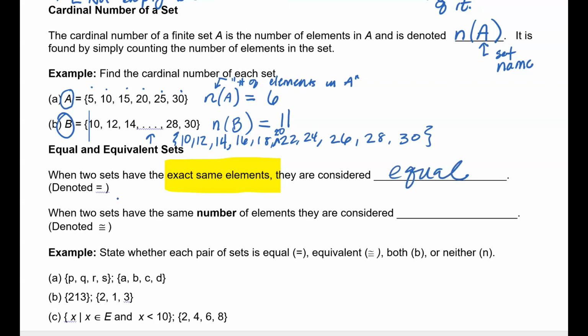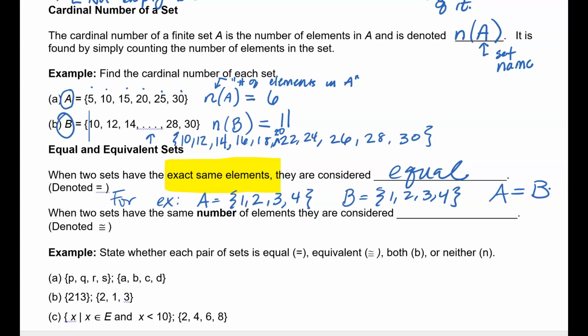For example, let's say set A is the set of elements 1, 2, 3, and 4, and I'm just making this up. Let's say set B is the set of numbers 1, 2, 3, and 4, and they don't even have to be in order. We can say set A is equal to set B.